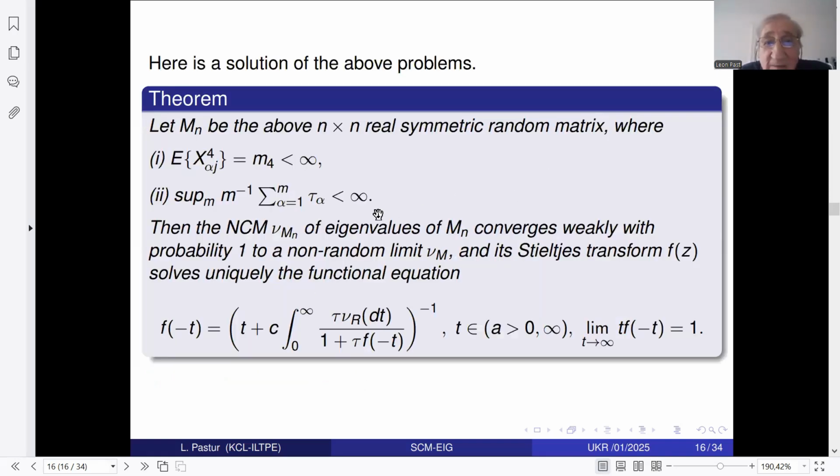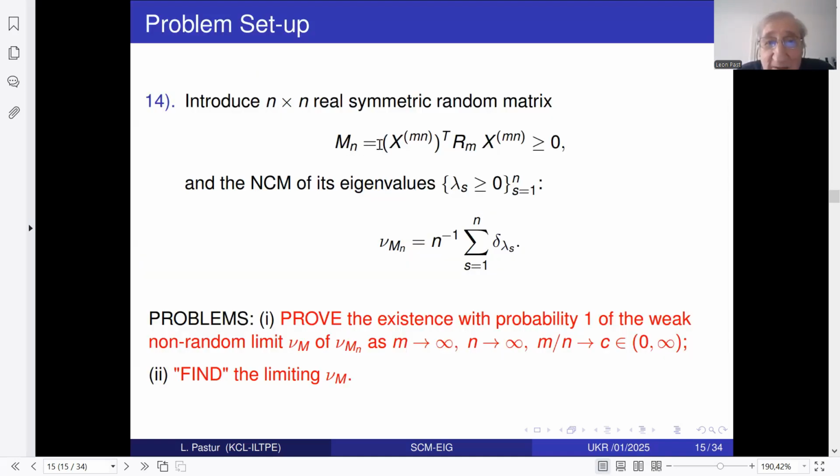And this is a theorem which gives the answer. It's not an optimal solution, but quite good. We assume that our matrix is as above, but I repeat, excuse me, in front of this right hand side there should be 1 over n.